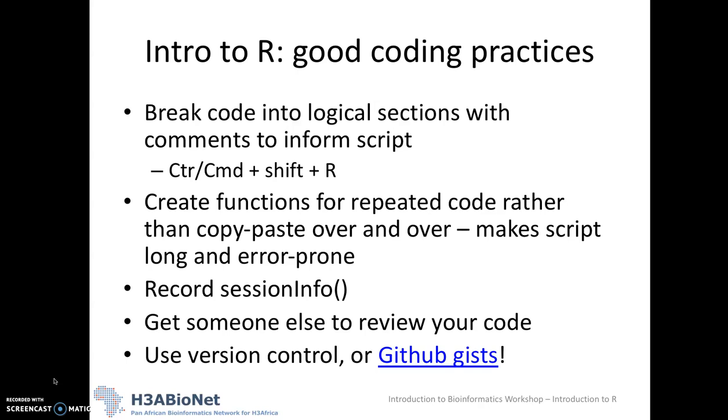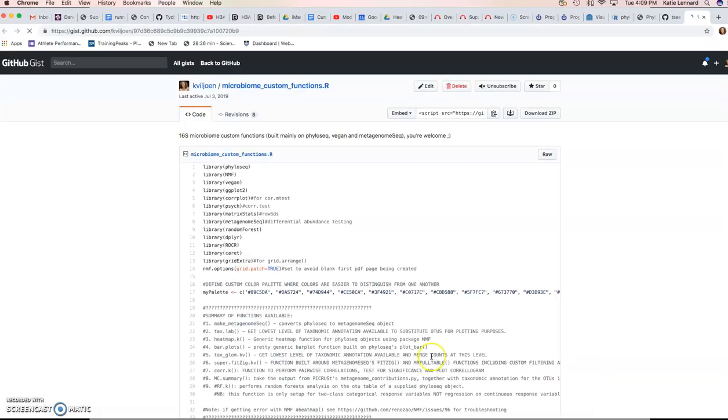Either start by just naming your scripts with version information if you make major changes, or what you'll find useful, and I'll show you an example, is something called GitHub Gists, which is just a little snippet of code.